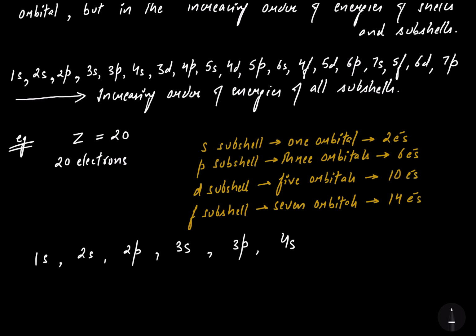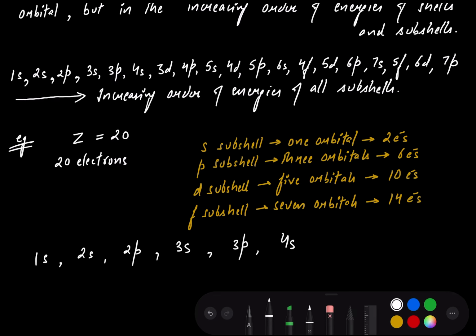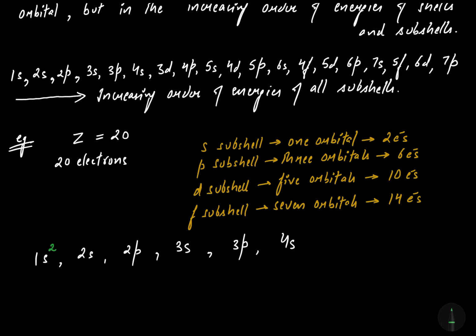Now it's the increasing order of energies of subshells. I have taken that up to only 4s. So now let's fill the electrons. Now the least energy is of 1s, so firstly electrons will enter in the 1s. Now s has 1 orbital, so it can accommodate only 2 electrons, so s will get 2 electrons. Now we are left with 18.